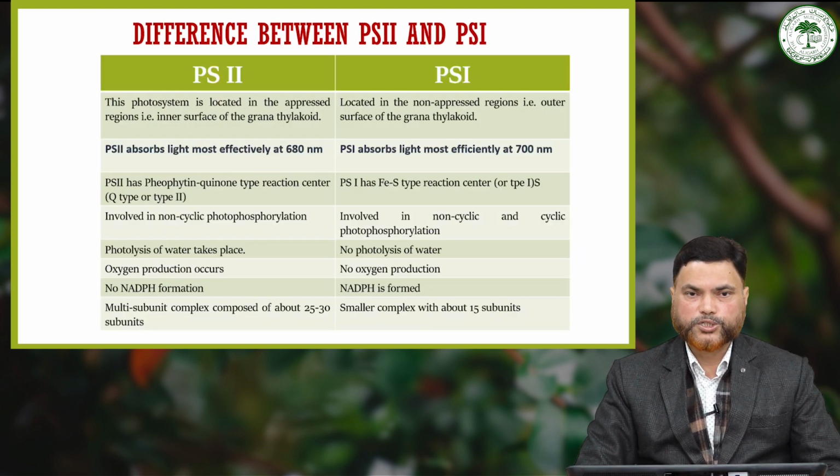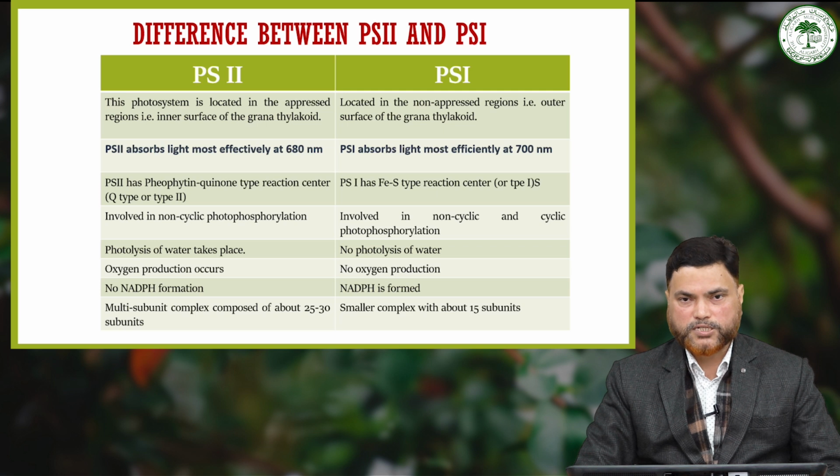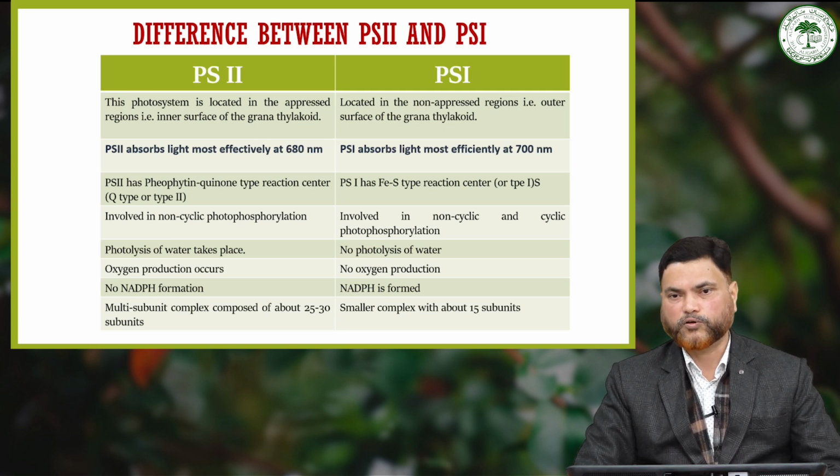Now, the question arises, what are the basic differences between photosystem 2 and photosystem 1? This slide shows a comparative account of both photosystems, and the main differentiating point between photosystem 2 and photosystem 1, or you can say non-cyclic photophosphorylation and cyclic photophosphorylation.